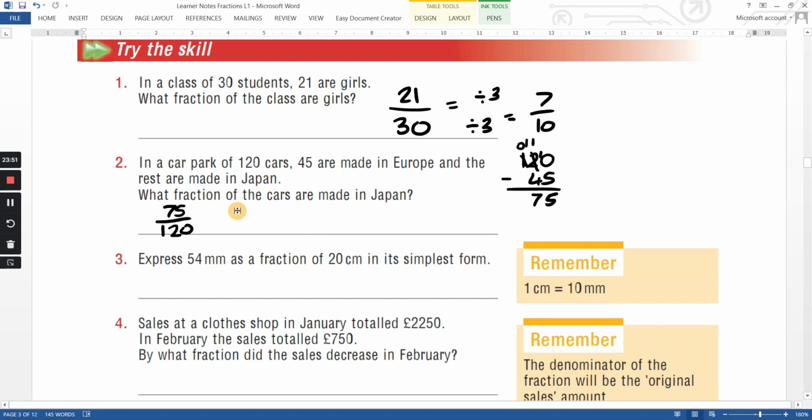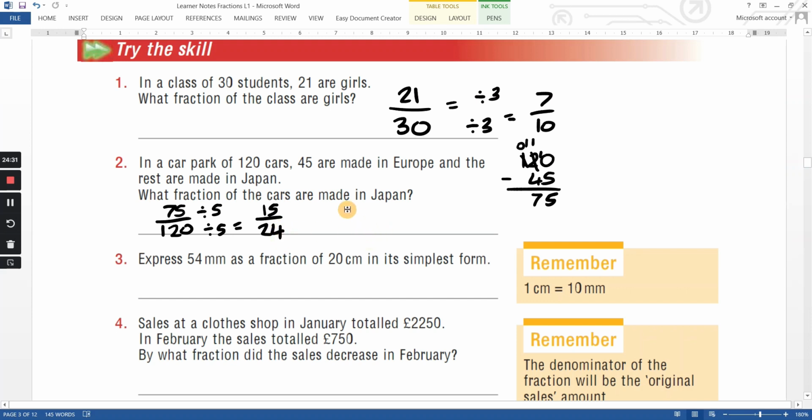And then if you simplified it, let's simplify it as well, just in case you did. You could have left your answer like this, but if you did simplify it, let's use 5 to begin with. That gives me 15 for the top and 24 for the bottom.